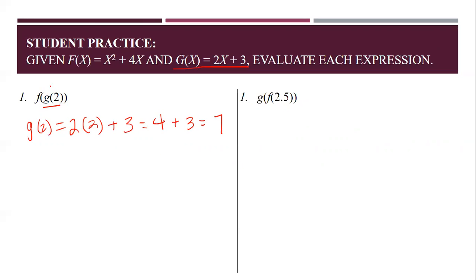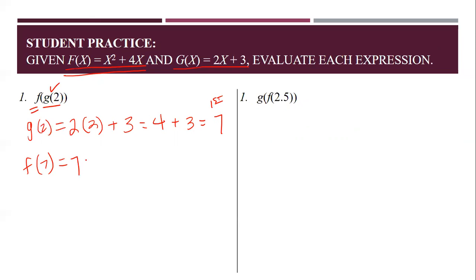So I did the inside. Now I'm going to do the outside. And the outside is f. f is x squared plus 4x. I'm taking what I got from my first output and I'm plugging it into my second equation. So it's x squared plus 4x.